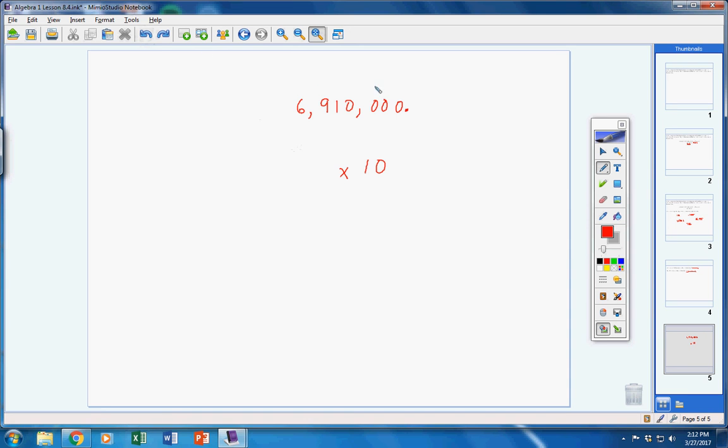Alright, so here we go. We're going to move it 1, 2, 3, 4, 5, 6 places. So I moved it 6 places. So it would be a +6 because I came from the right, moving it to the left. So my answer would be 6.91 times 10 to the 6th power.